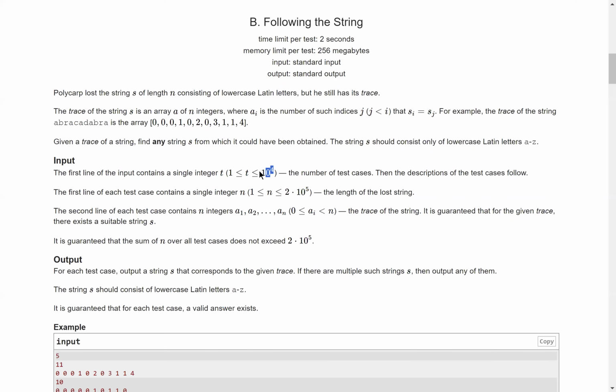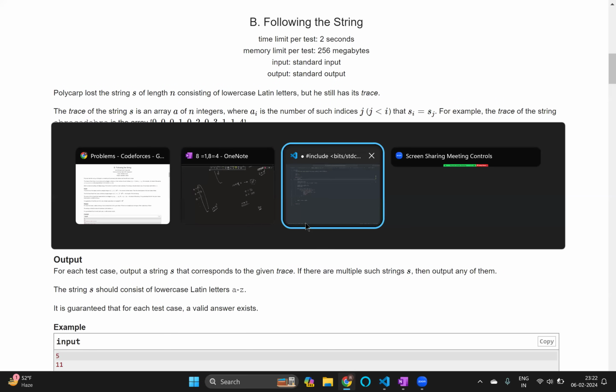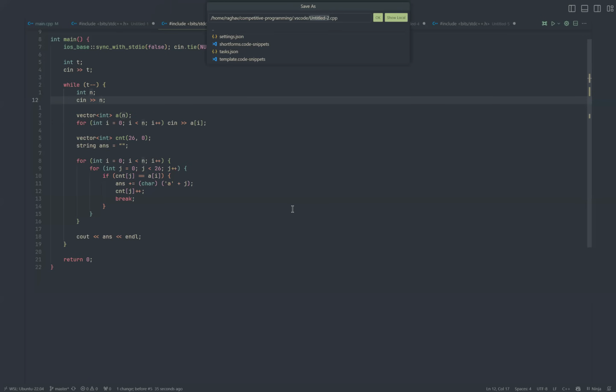So over all the 10 raised to the power 4 test cases, the sum of n could be 2 into 10 raised to the power 5 times 10 raised to the power 4, that is 10 raised to the power 9. But they have mentioned that it would never be greater than this. And you will see that generally in almost all the problems, they do mention this thing.